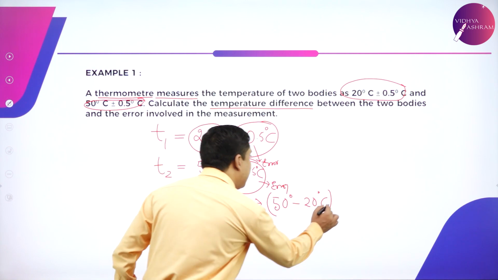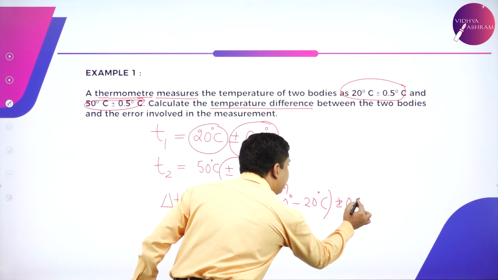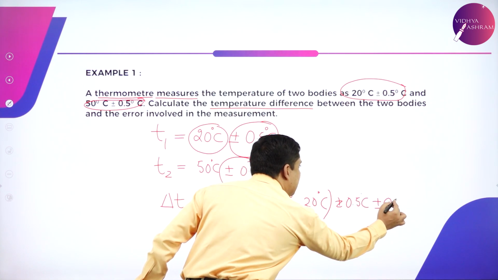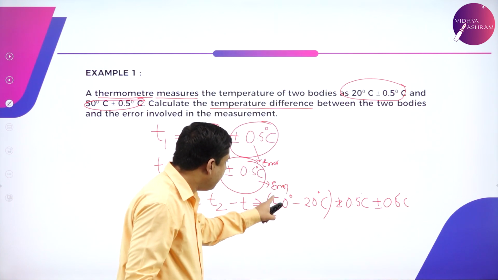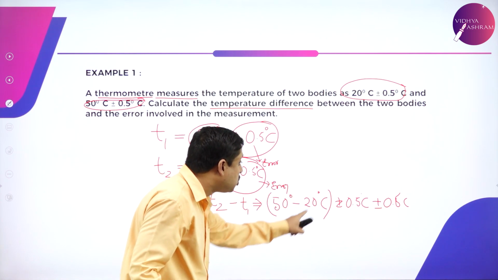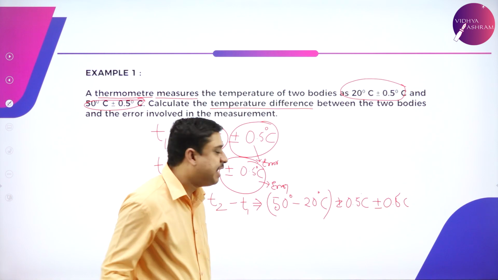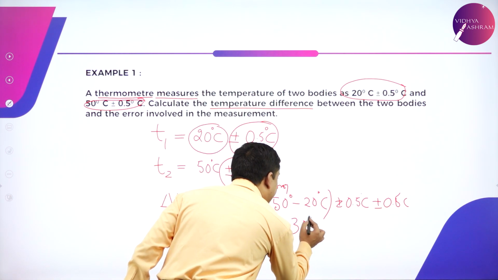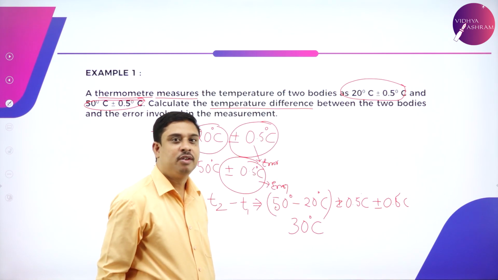Now, what about the error? Plus or minus 0.5 degrees Celsius, plus or minus 0.5 degrees Celsius. 50 minus 20. Yeah, this is not the error. This is the measured value. I am finding the difference. 30 degrees Celsius. Now follow.